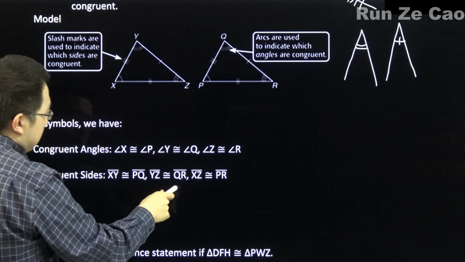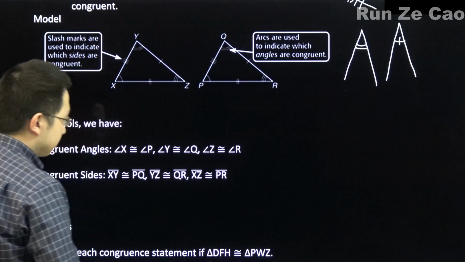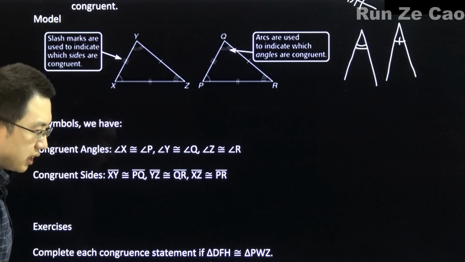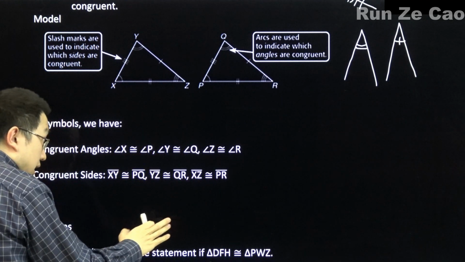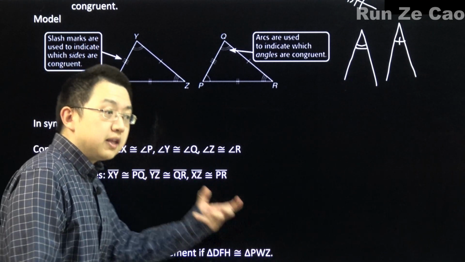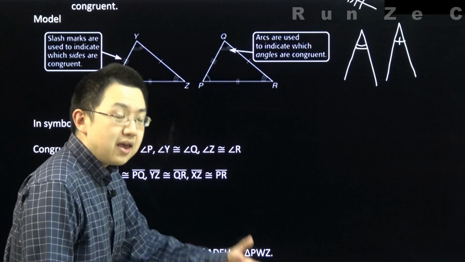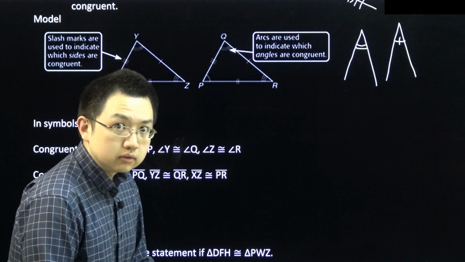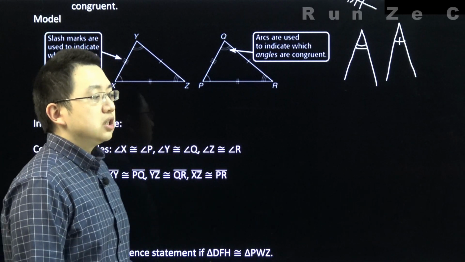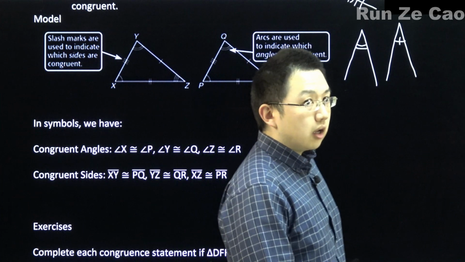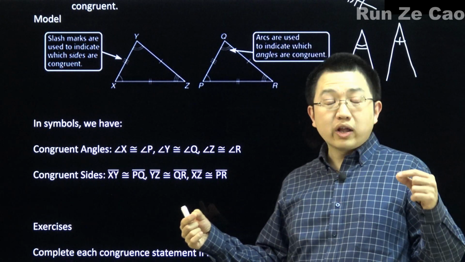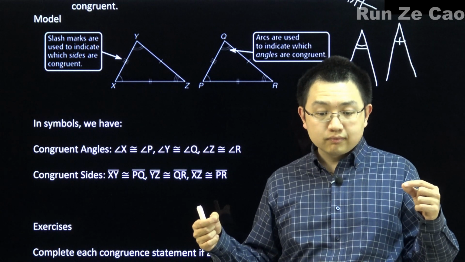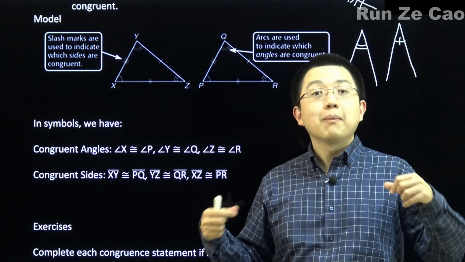Now here, it's written like this. You could technically just say that they are equal, because if two line segments are of equal length, then they are congruent. They're not like shapes, okay? Because a line segment is one-dimensional. It just has a magnitude.